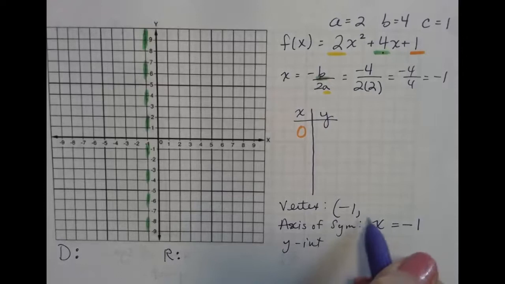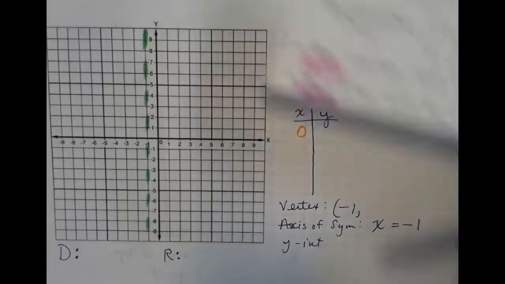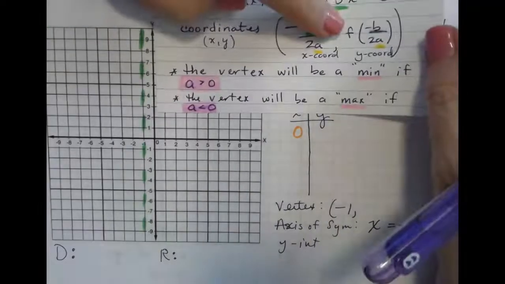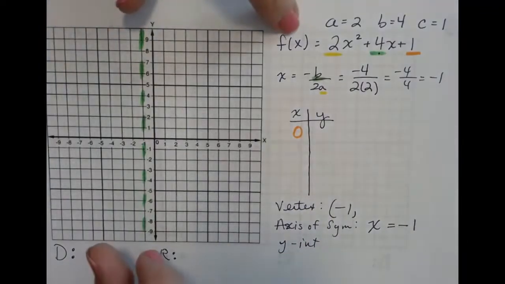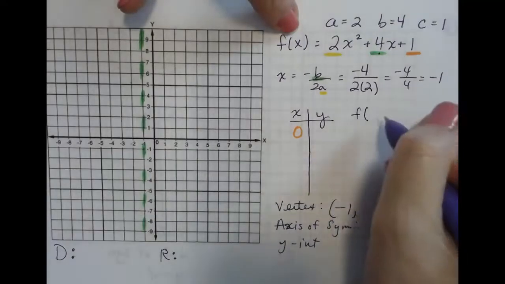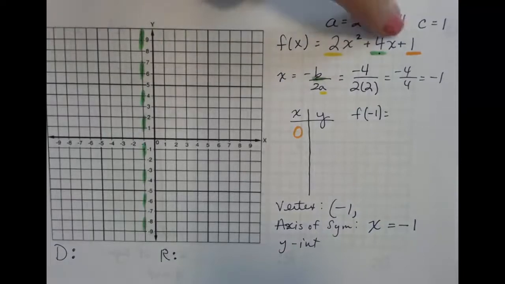Let's keep going. So now we need to find the y coordinate of our vertex. What are we going to do? Well, if we look at our formula card, it says f of the opposite of b over 2a. So we're going to go to our function and evaluate it for when x equals negative 1. So we'll be inputting negative 1 here and there.